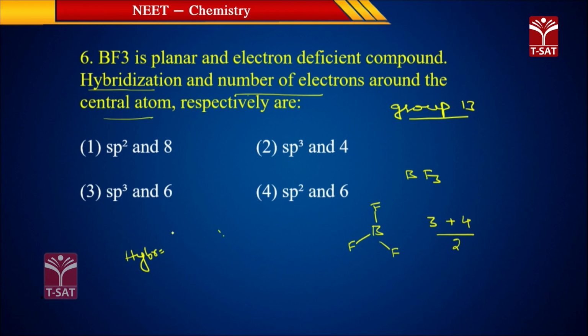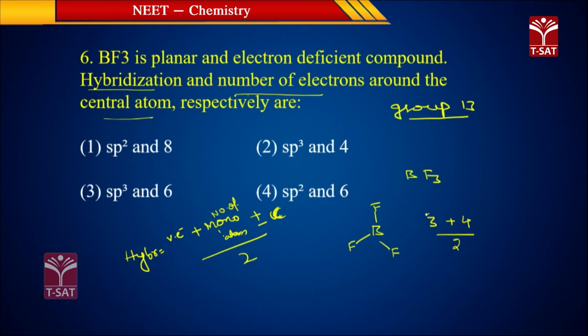Number of valence electrons plus number of monovalent atoms, plus or minus charge. If you have a positive charge on the molecule, you have to add the positive charge. If you have a negative charge, subtract the negative charge, all divided by 2.